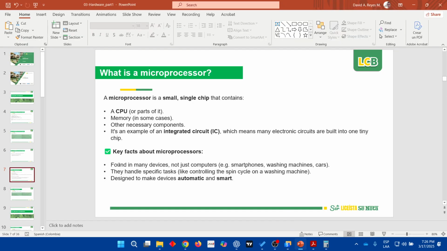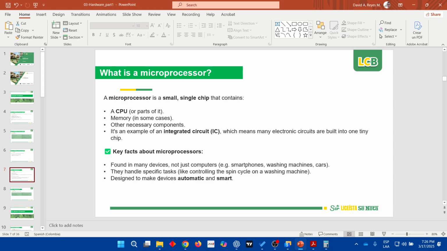Okay, so key facts about microprocessors. You can find microprocessors in many devices. Today it's not only in computers. Today you have them in your smartwatches, your cell phones, your television, your microwave, your freezer, and many more technology devices.